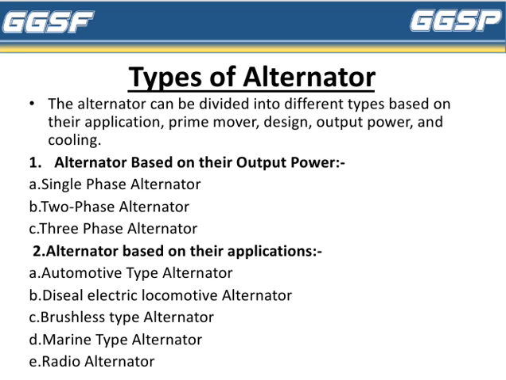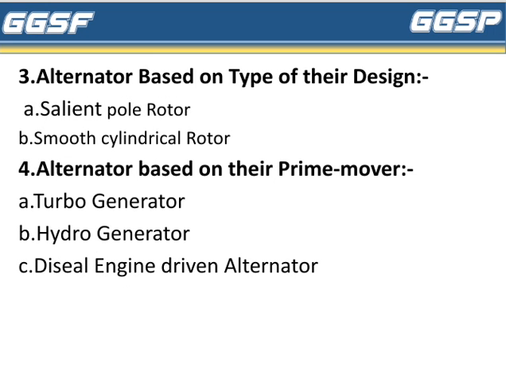Second, alternators based on their application: automotive type alternator, diesel electric locomotive alternator, brushless type alternator, marine type alternator and radio alternator. Third, alternators based on type of design: salient pole rotor and smooth cylindrical rotor. Fourth, alternators based on their prime mover: turbo generator, hydro generator and diesel engine driven alternator.